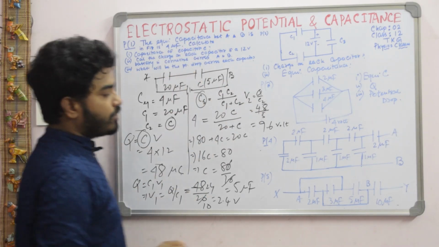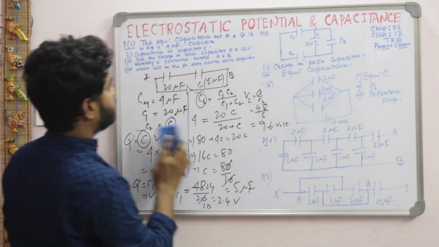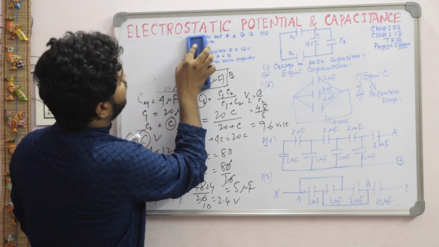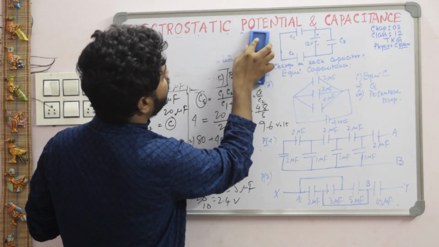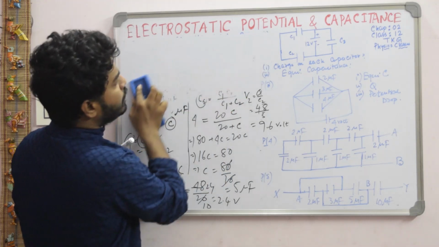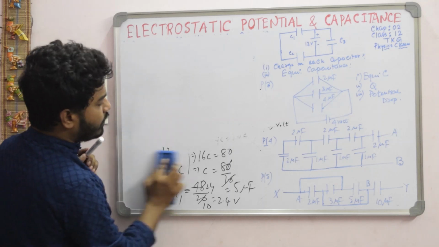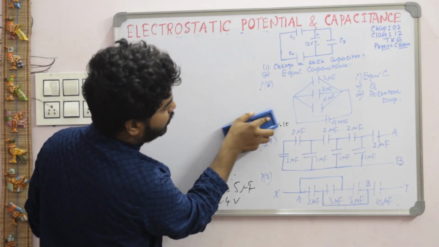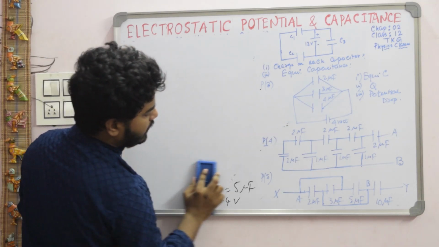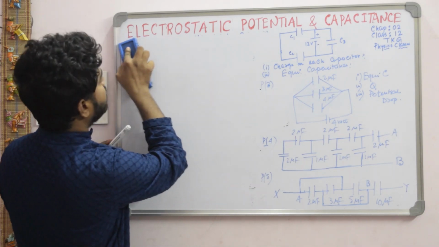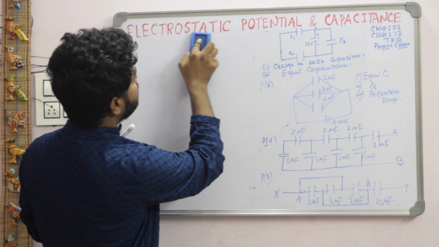Okay. Now problem 2. A circuit is given where three capacitors C1, C2 and C3 are connected. You have to find the charge on each capacitor and the equivalent capacitance. So what will be the process?